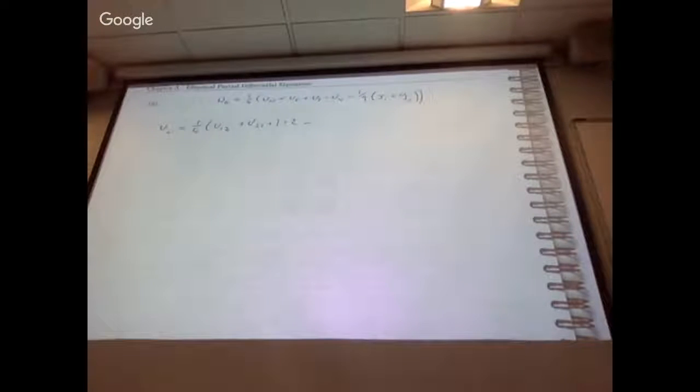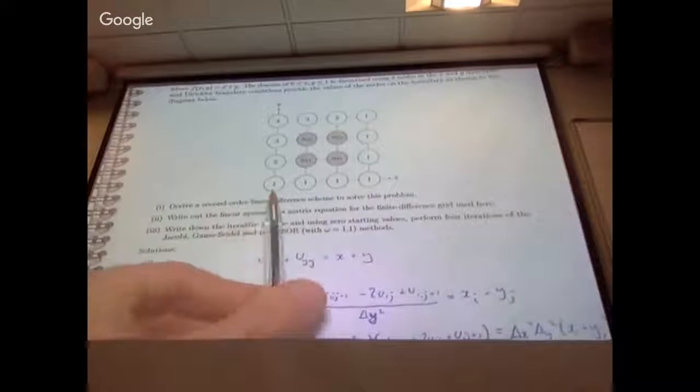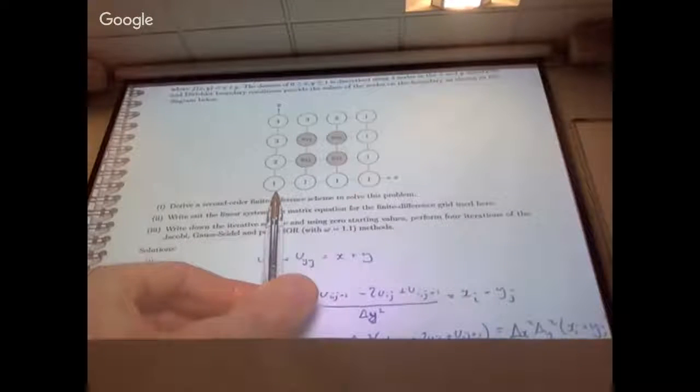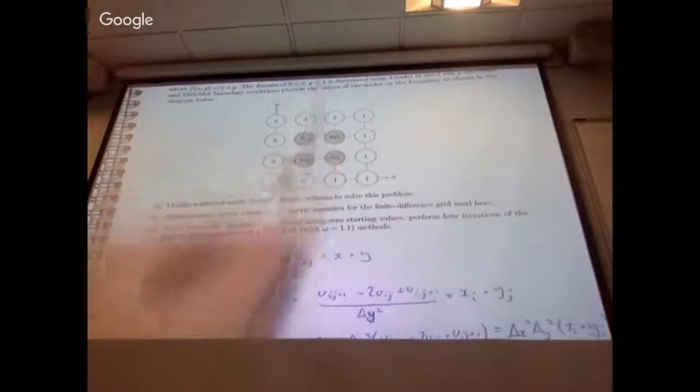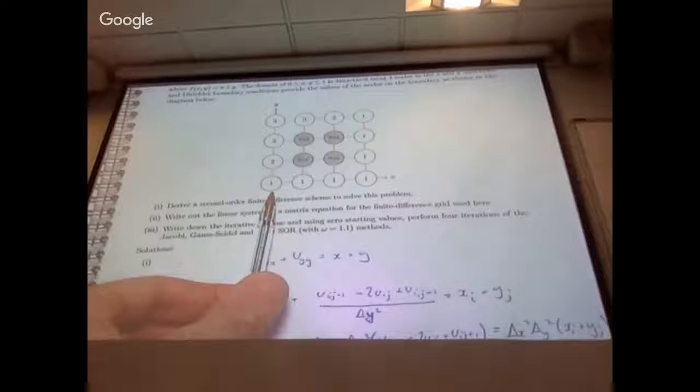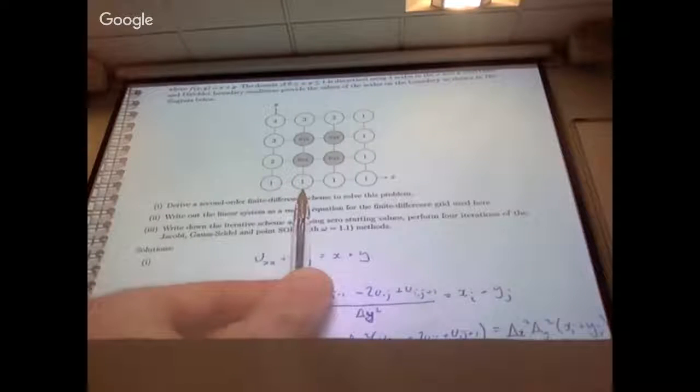So what's the x-coordinate of U11? Anybody know? The domain is from 0 to 1, so what's the x-coordinate of that node? 0. So what's the x-coordinate of that node? What's the step? 1/3.